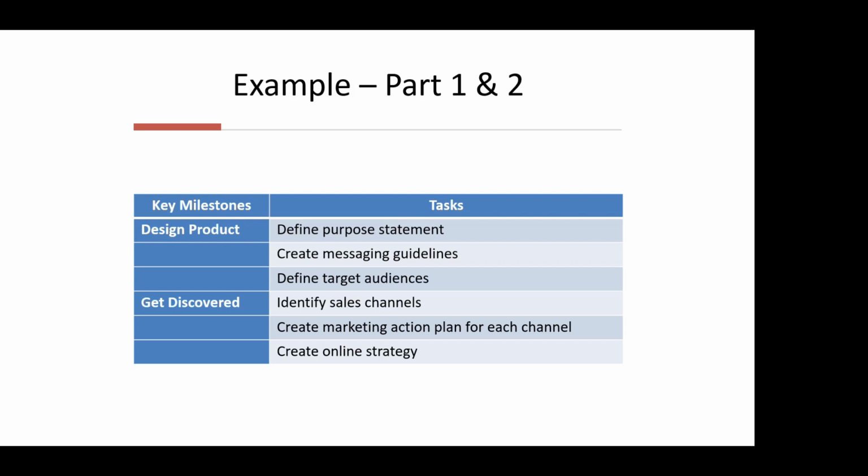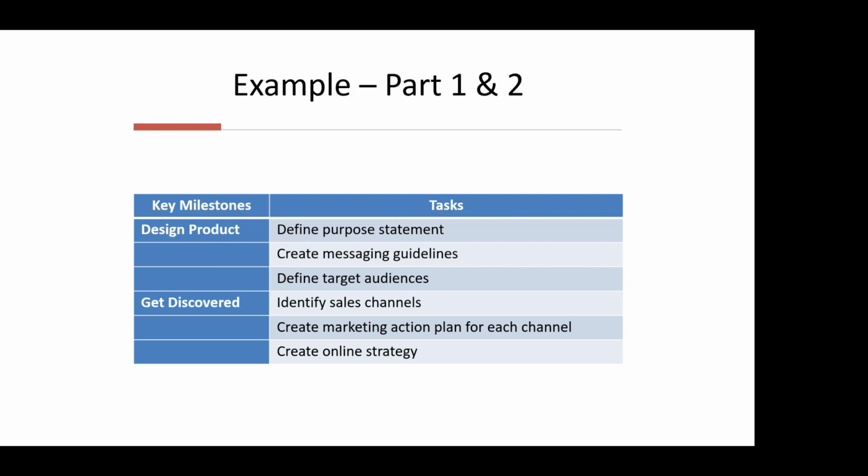You can think about whatever you want, but I want you to consider the milestone is the achievement that you want to get to, and the tasks are the actions that are necessary in order to achieve that. As you see in here with these key milestones for designing the product, if you remember, we went over defining our purpose statements. We created messaging and guidelines.